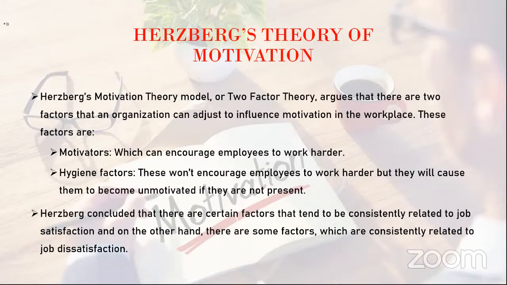Some factors act as job satisfaction and some factors act as job dissatisfaction. Now we are going to discuss in detail which factors give job satisfaction and which give job dissatisfaction.